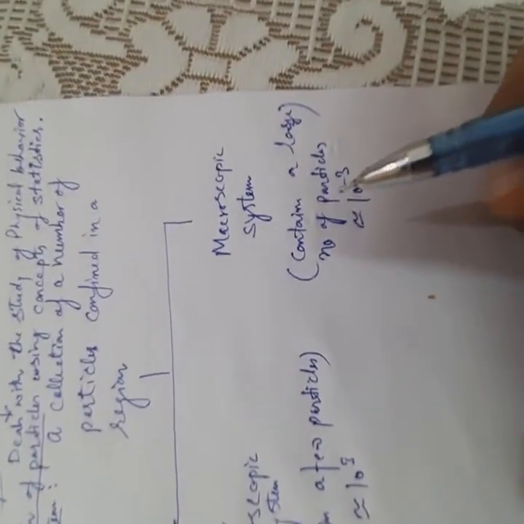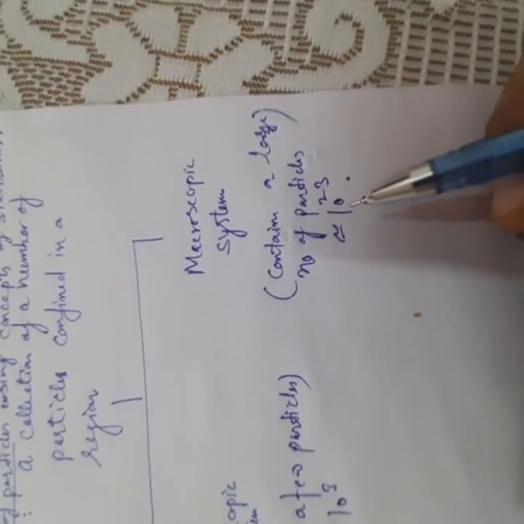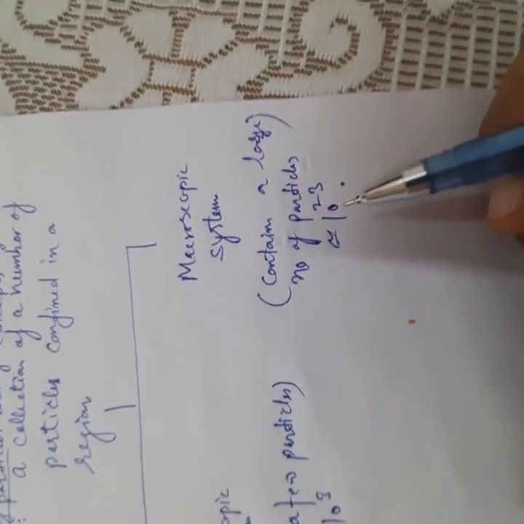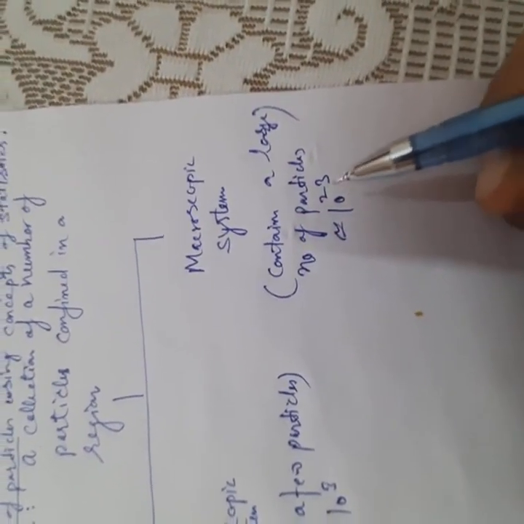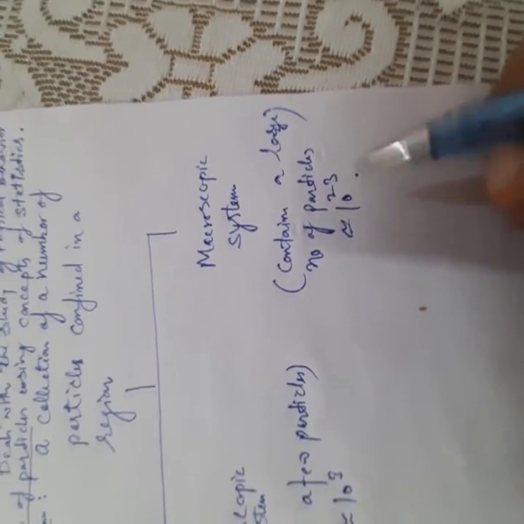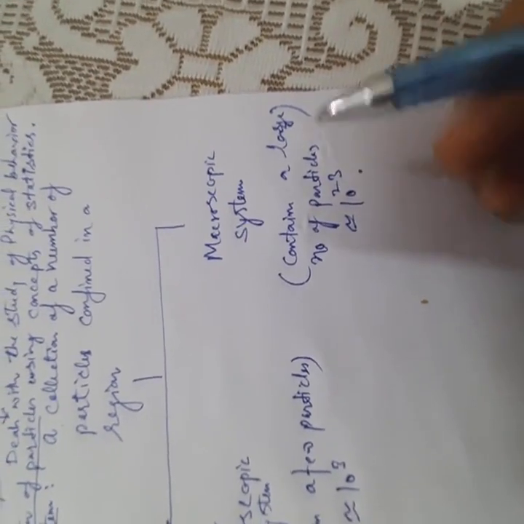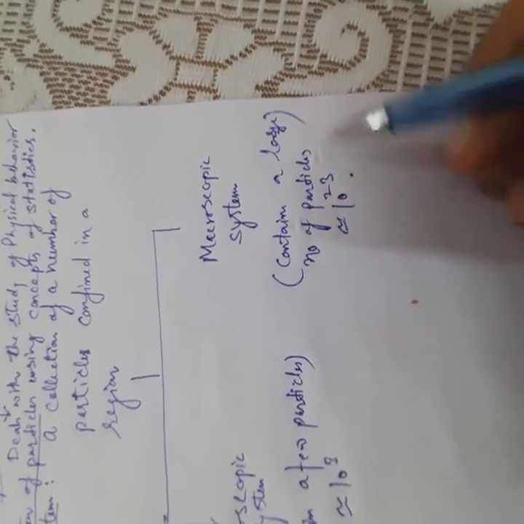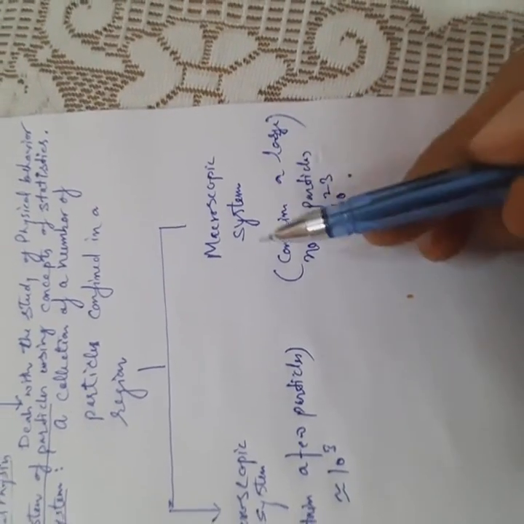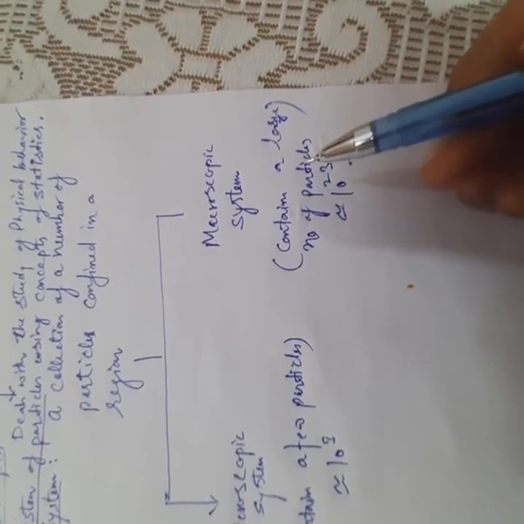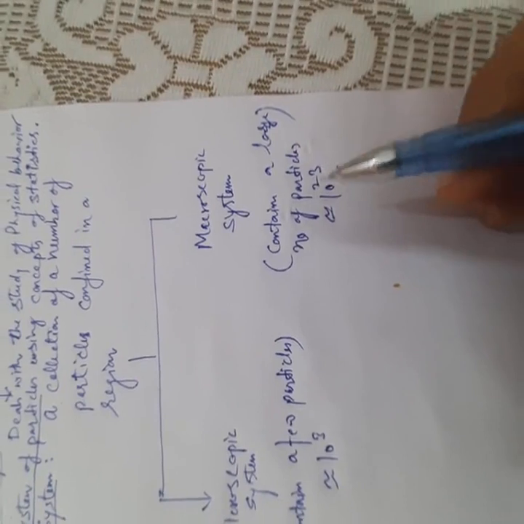But for a macroscopic system, the number of particles is more, and we would need 10 to the power 23 equations, which becomes complicated for analyzing the physical behavior of such a system.